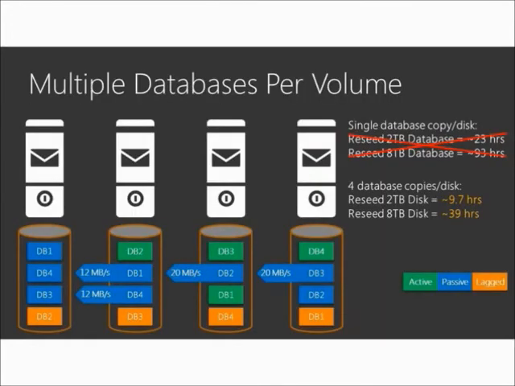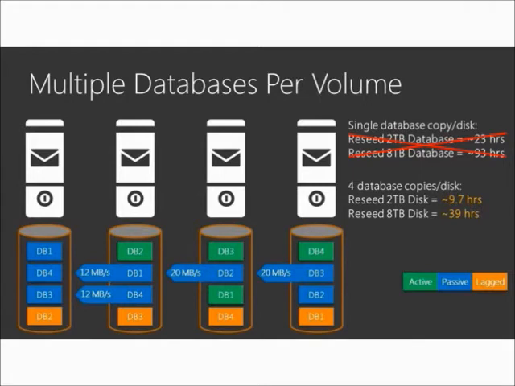This slide is cut down. In a 2010 environment, we would have to reseed from a single source, and that has its restrictions with regards to throughput. As you can see, the example of about 23 hours for a 2 terabyte database and 93 hours for an 8 terabyte database.